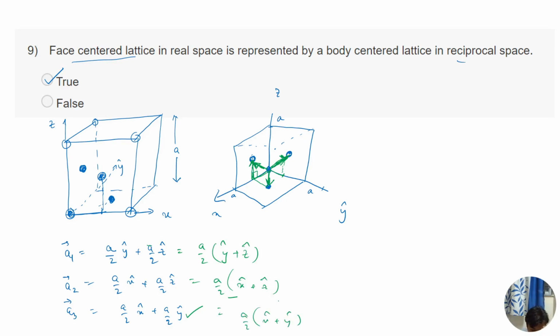Now what we are going to do is take the reciprocal. So b1 is equal to, just the definition that we had learned, a2 cross a3 divided by a1 dot a2 cross a3. This is what we want to find, right?